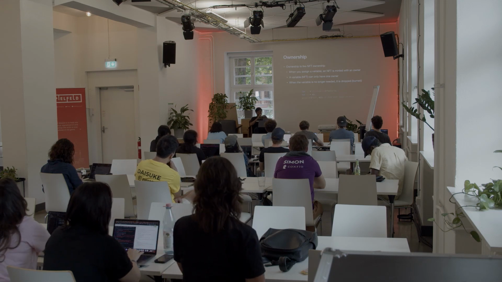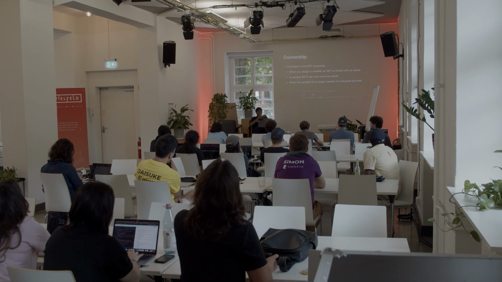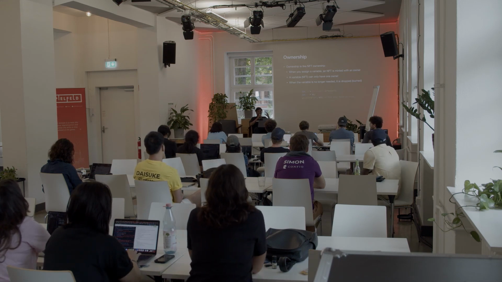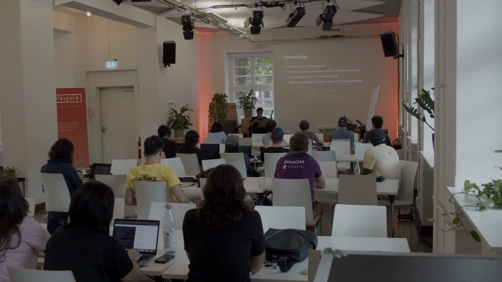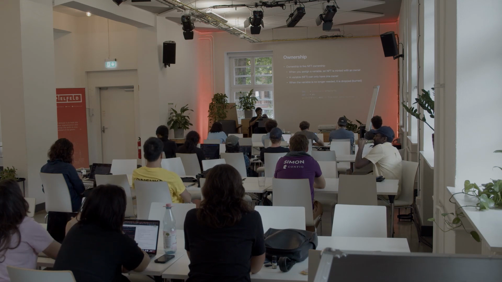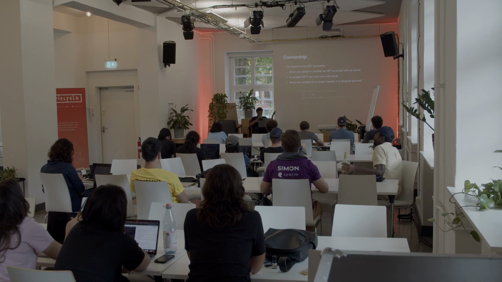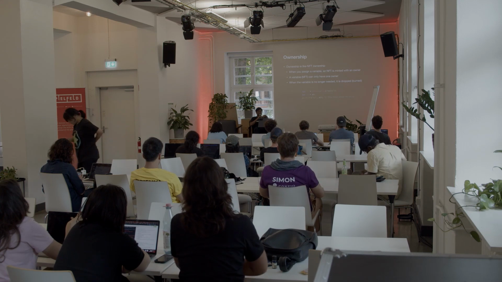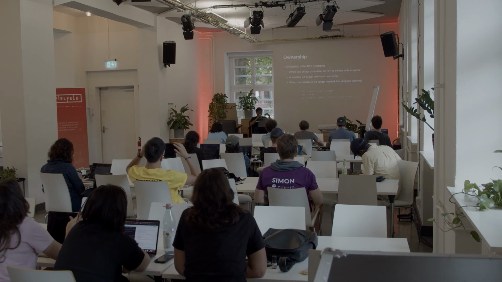A variable can only have one owner. Then when it's no longer needed, it gets dropped, or burnt. And if you create a new variable, for example, in this case, let s2 = s1, that's like an NFT that you had to transfer, right? And then the original owner moved or changed.